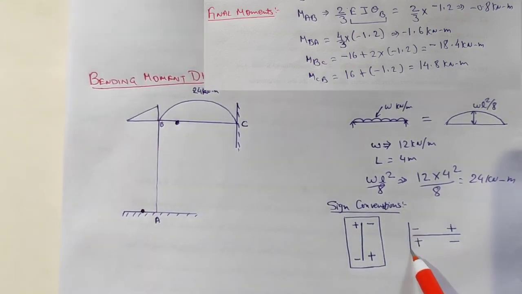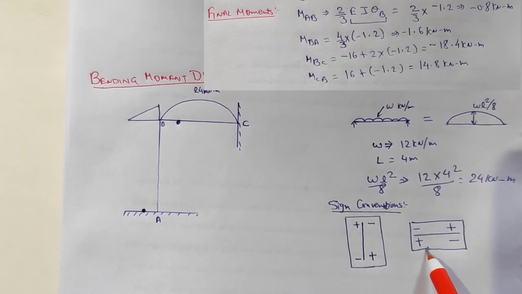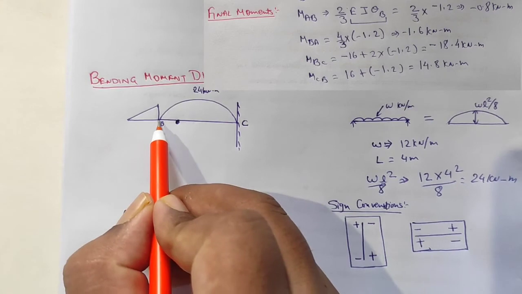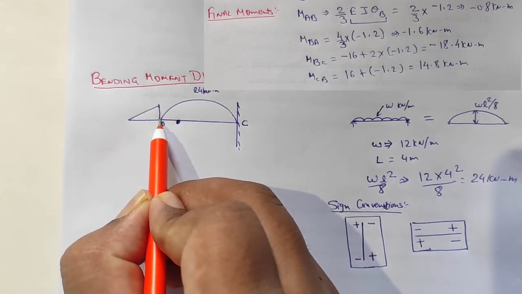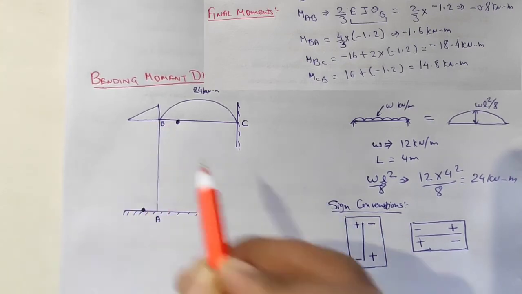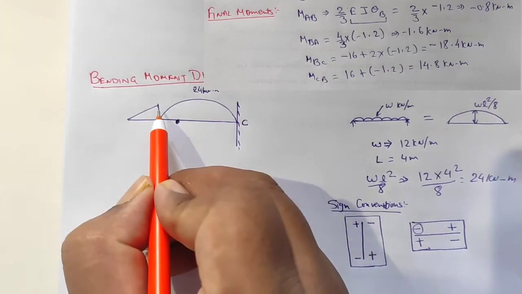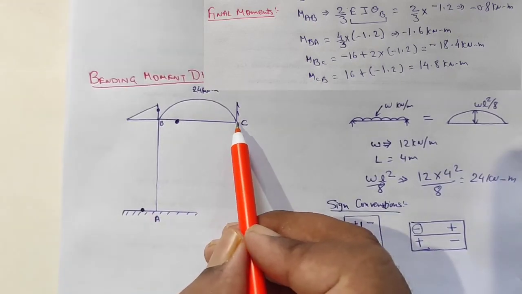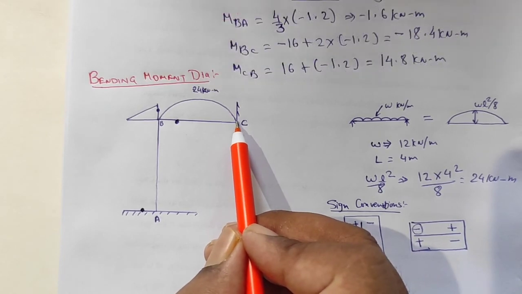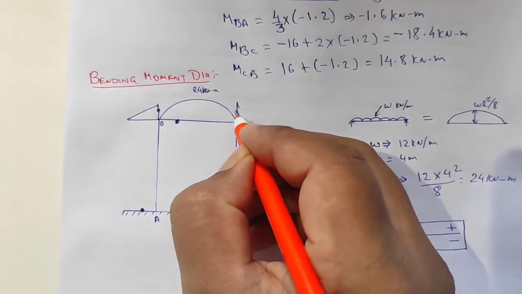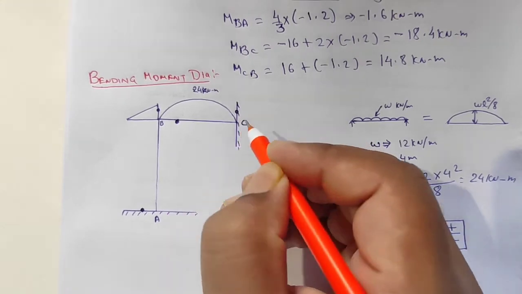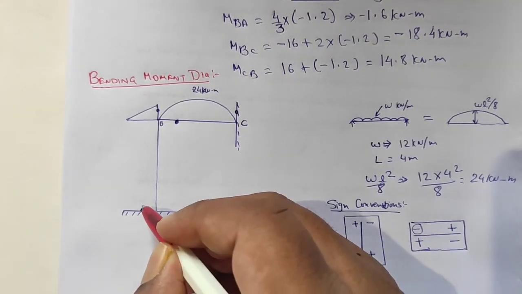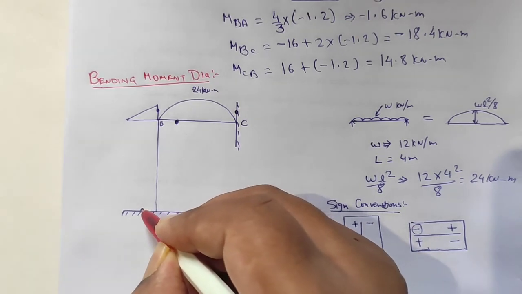Now my member is a horizontal member, so the sign convention will be as explained here. The value of MBC is negative 18.4, so my negative value is here, that is upward, so my value will be somewhere here. And my final value of MCB, that is positive 14.8, will be somewhere here. Now I will join all the points so that I can draw my final bending moment diagram.